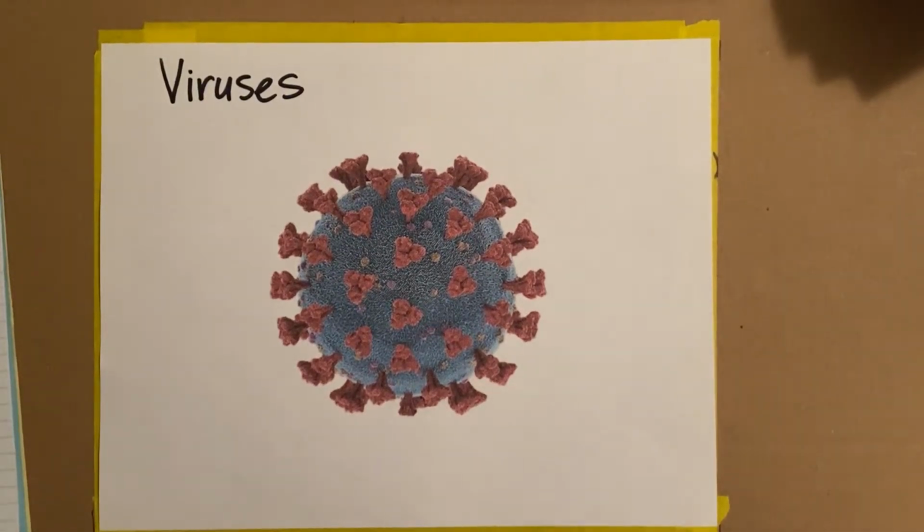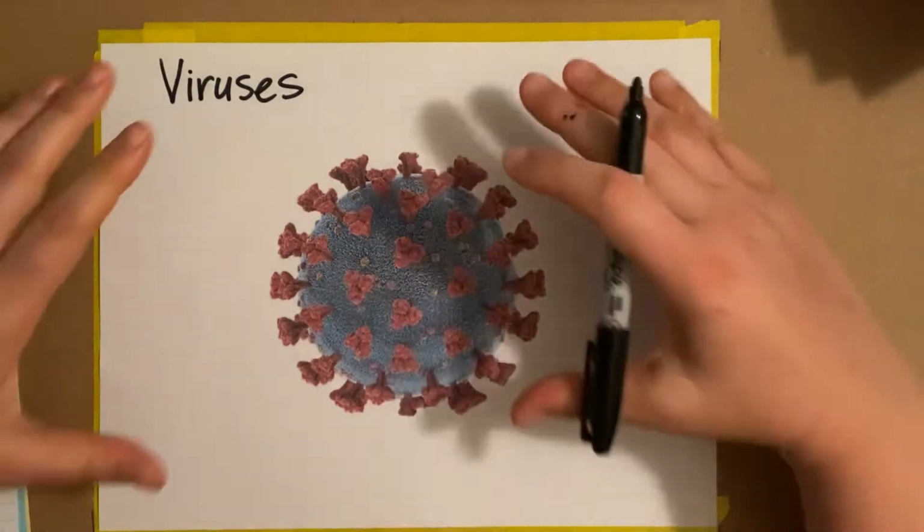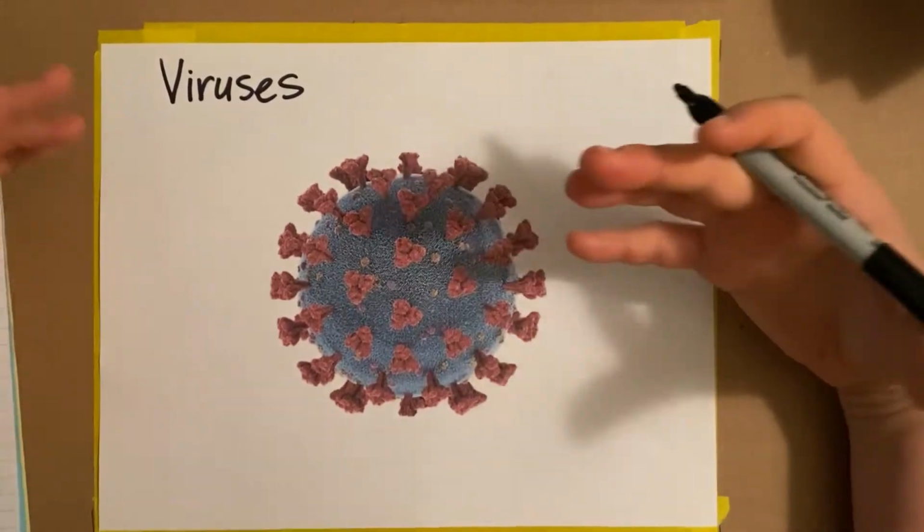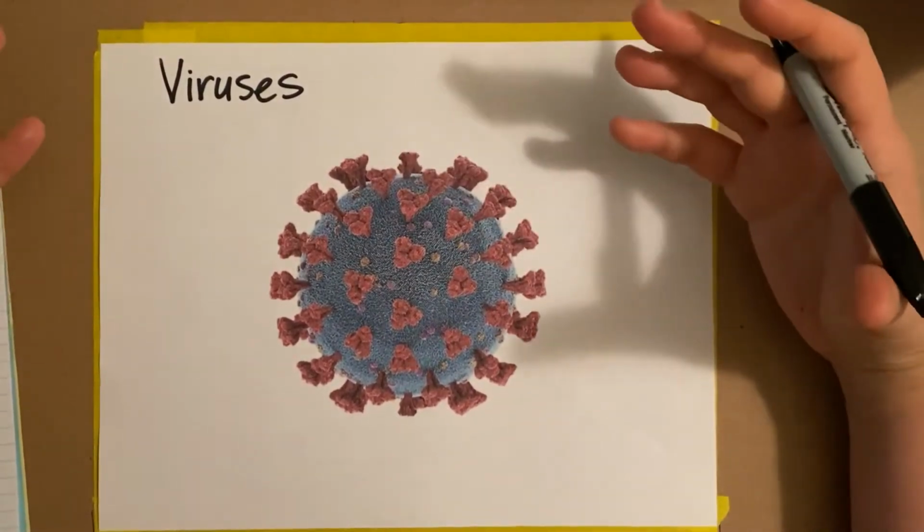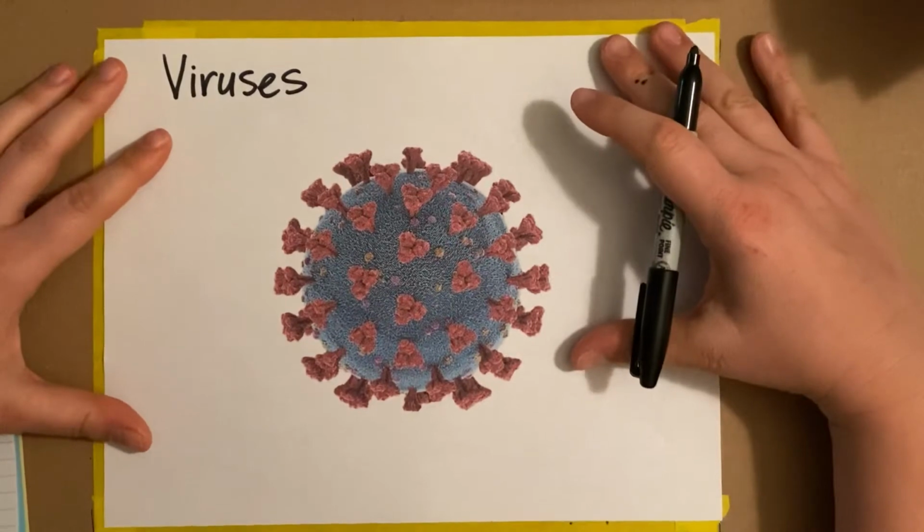So a little additional topic I wanted to talk to you guys about are viruses. The reason why it goes along with what we've been discussing is that viruses' main way of life is that they come into a host cell.